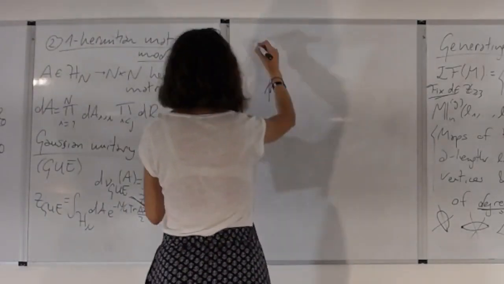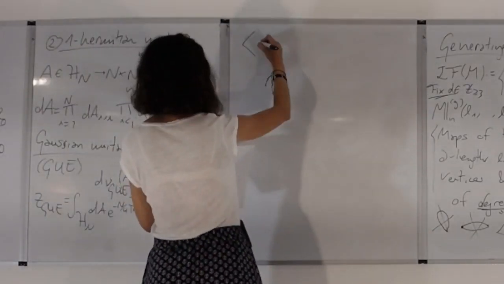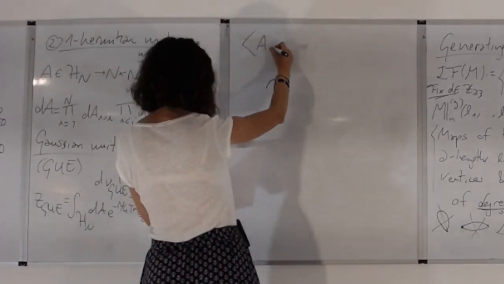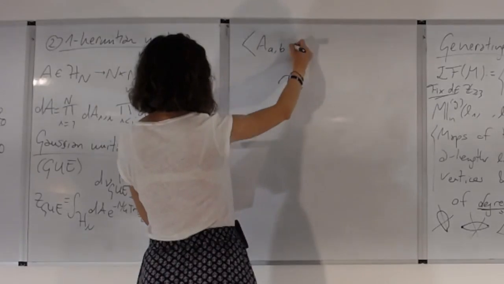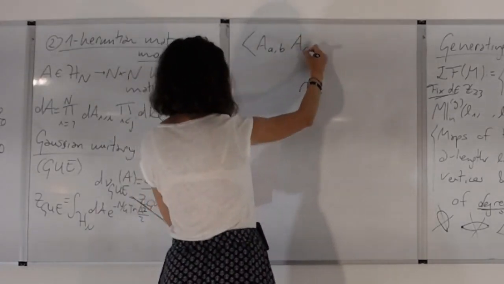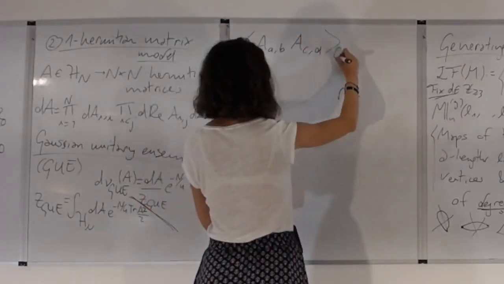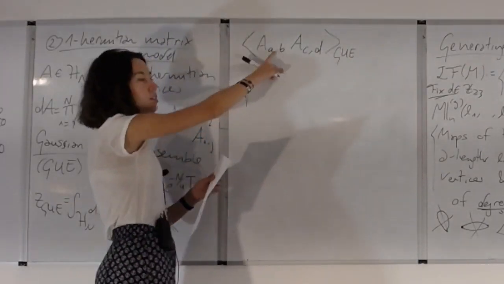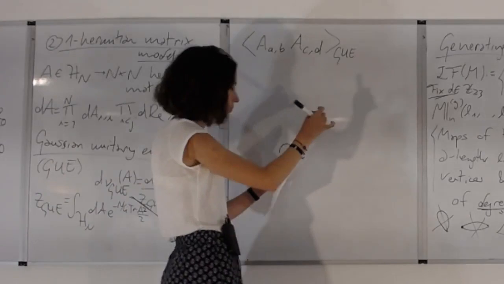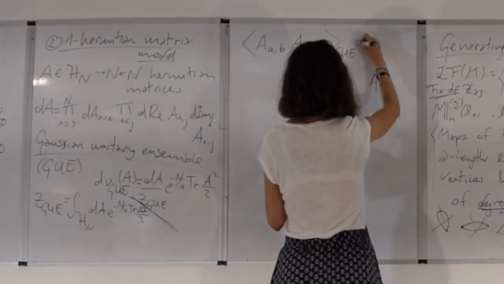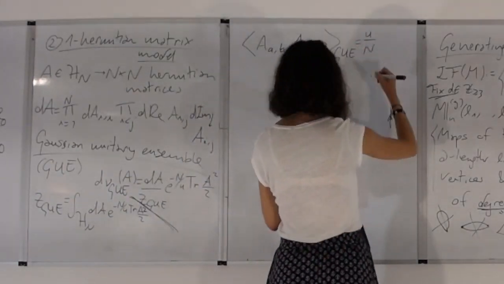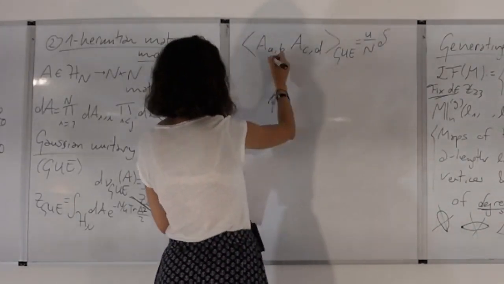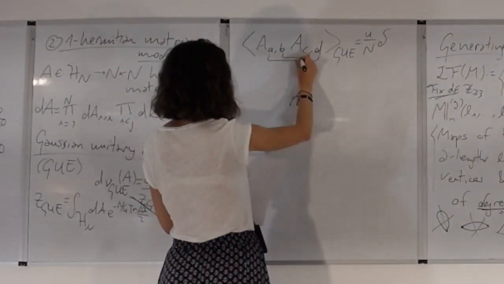Then we can compute, this I will not do either, but it's an easy computation, that the matrix elements have covariance something quite simple. These are the indices of the entries of the matrix. It will just be given by u over N times delta of AD, so we want these two indices to be the same and these two indices to be the same.